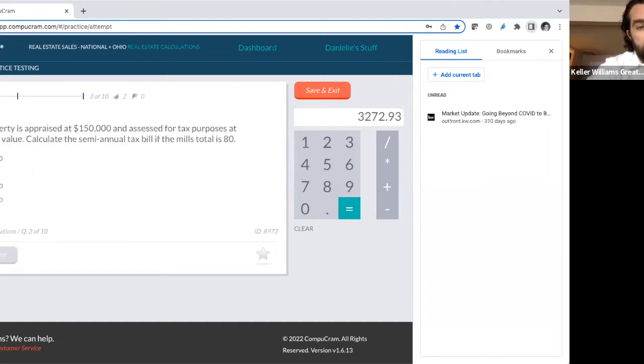A property is appraised at $150,000 and assessed for tax purposes at 35% of value. Calculate the semi-annual tax bill if the mill's total is 80. All right, I'm going to let you guys work this one. This is a multi-step problem. Very important that we know how to do these.